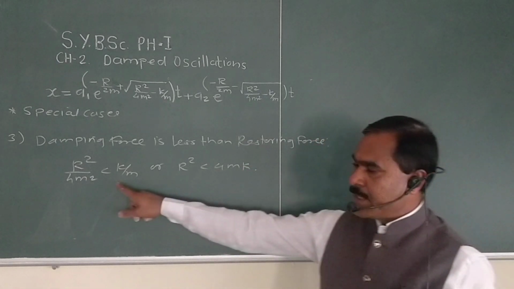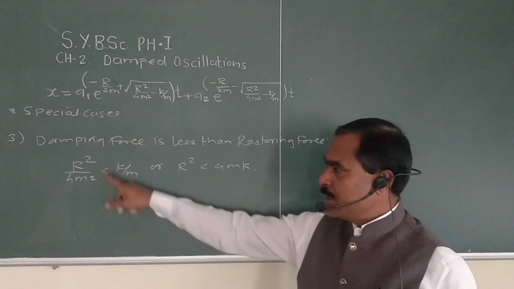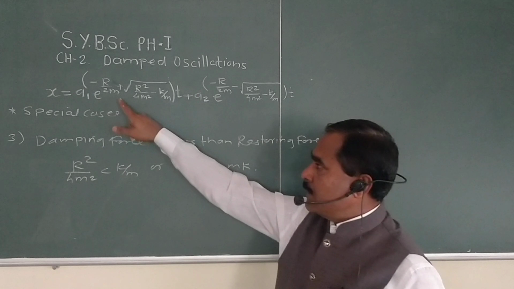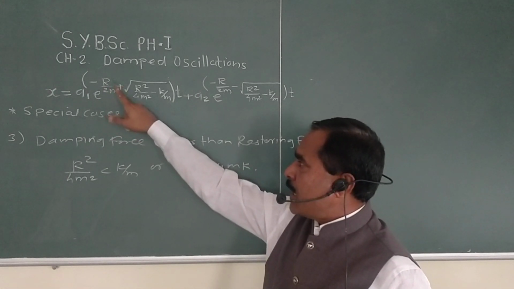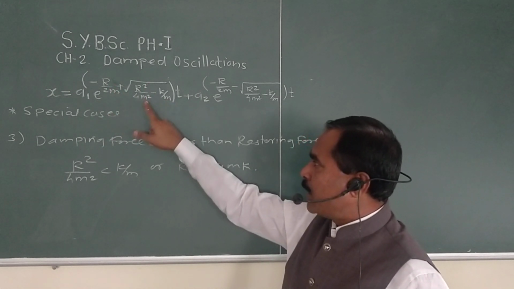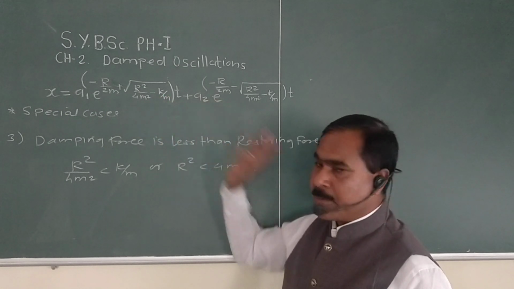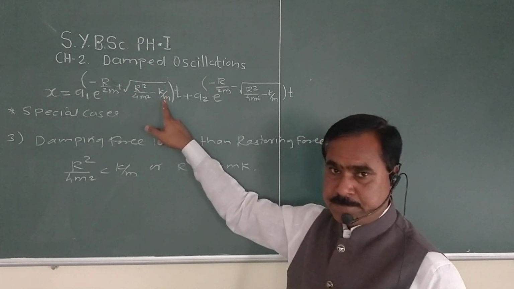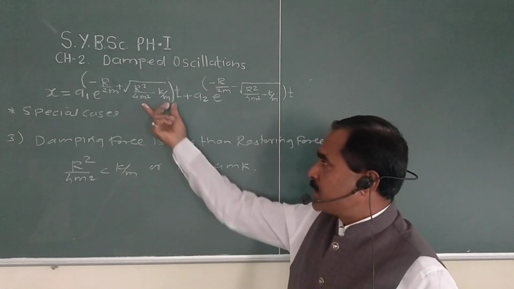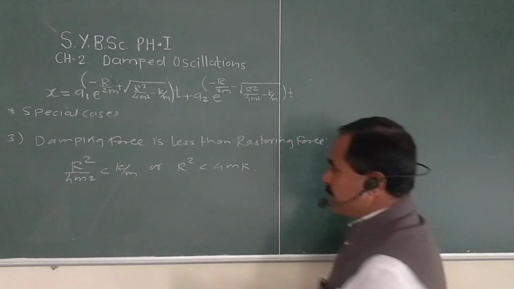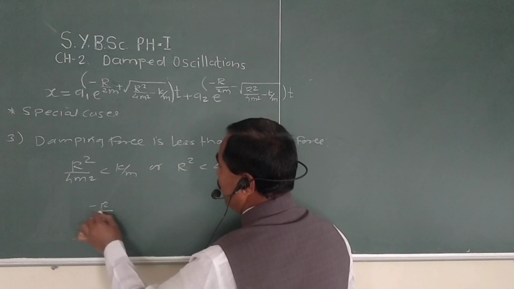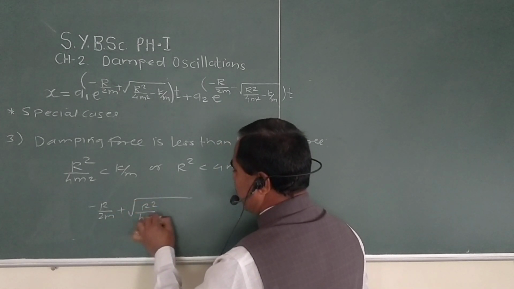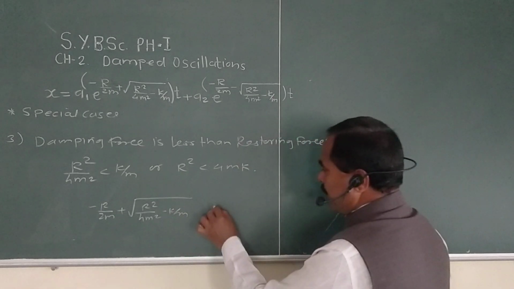When we consider this case, then the term minus r upon twice m plus root r square upon 4m square minus k by m, right, this is less than this, so this term will get imaginary.